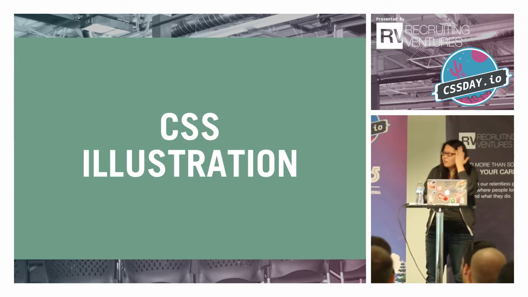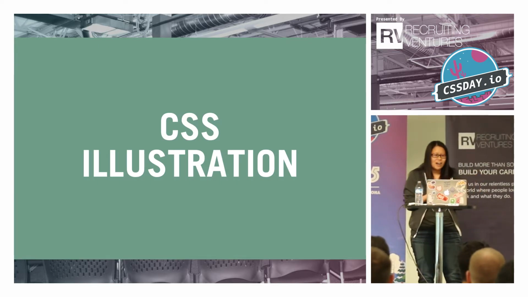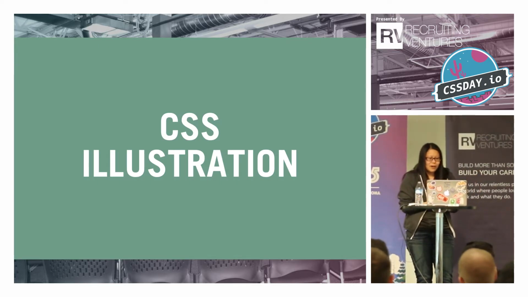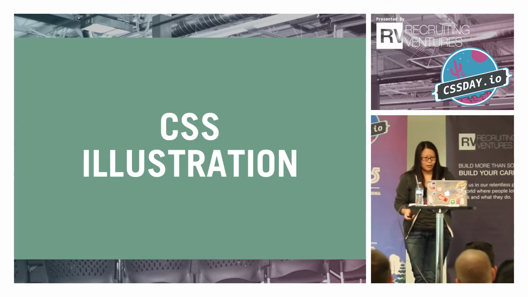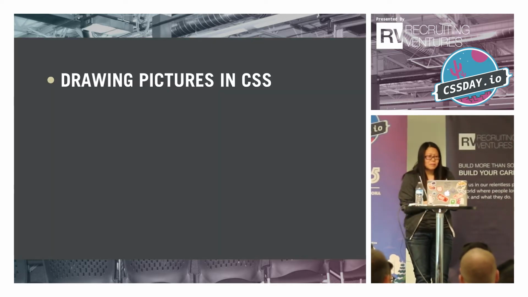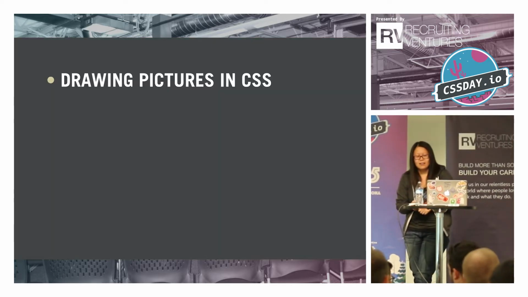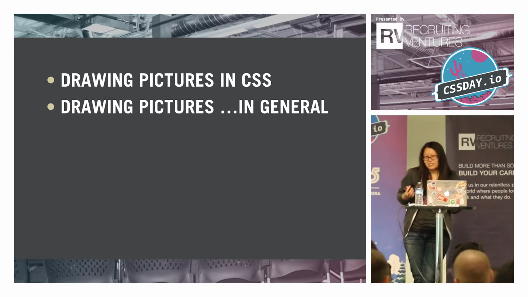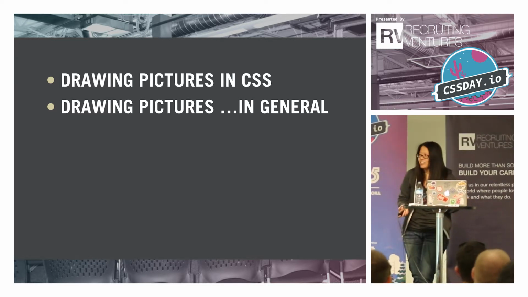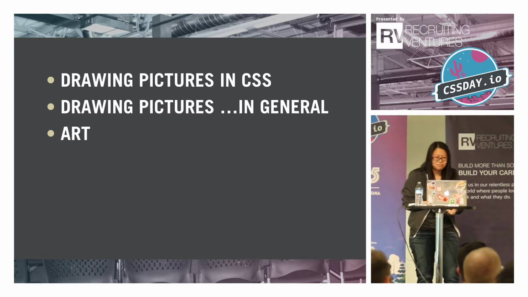And I'm going to talk about CSS illustration, which I'm pretty into. But before I go into that in detail, I do want to give a quick summary of what we're going to talk about, though not necessarily in this order. We're going to talk about drawing pictures in CSS, and drawing pictures in general, which means art.